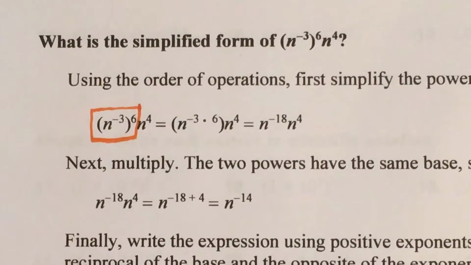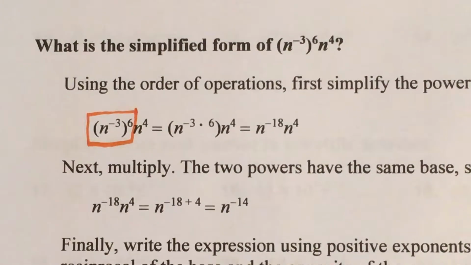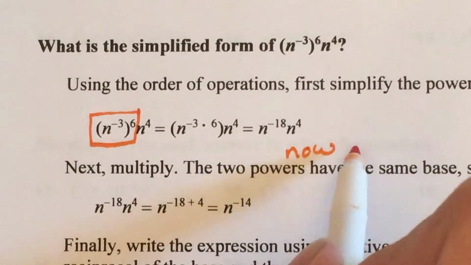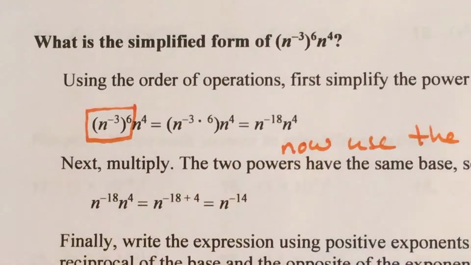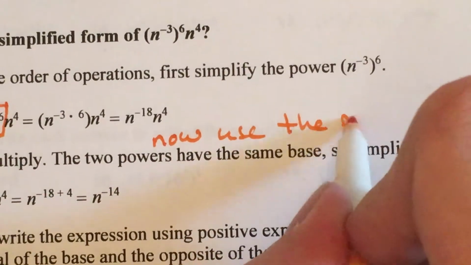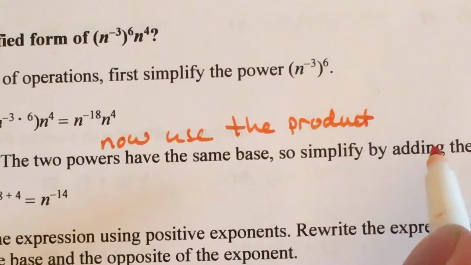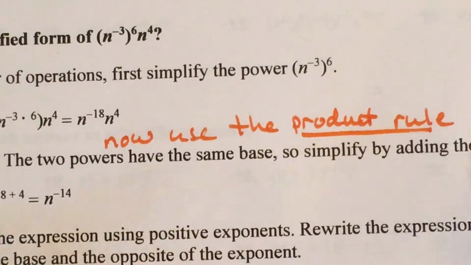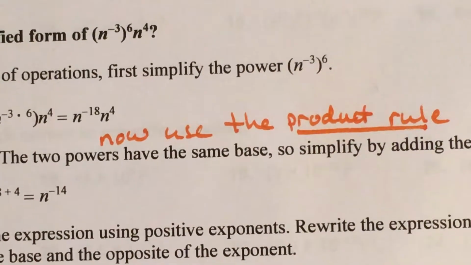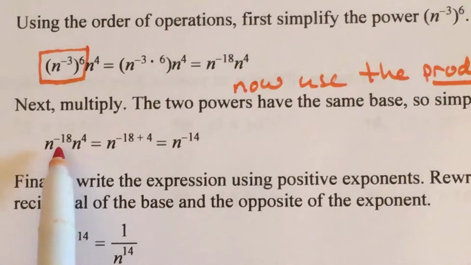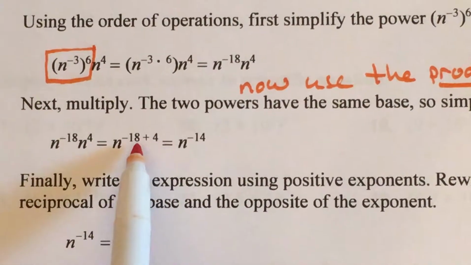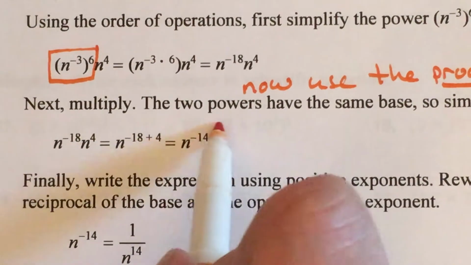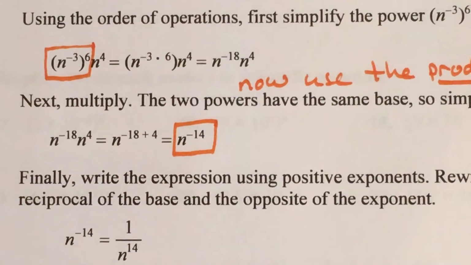And now we use our rule from yesterday, the product rule. Remember that from yesterday? So let's add the exponents of -18 and 4 together, since the bases are being multiplied, and we find out that n to the -14th is your result.